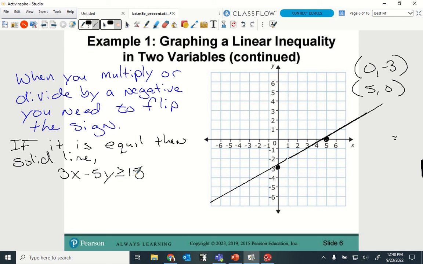It is equal, right? Because it's "or equal to." So now that gets a solid line. Otherwise, dotted. So we will have a dotted line eventually. If you don't have an equal sign underneath that symbol, it's going to be a dotted line.